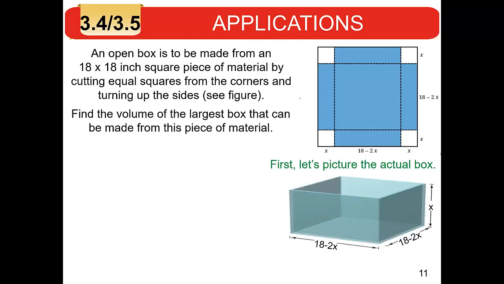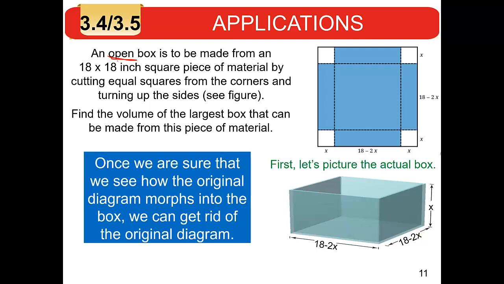The 18 minus 2x dimensions stay on the ground, stay on the table, wherever you're doing the folding, and they become the base of the box. And the x by x squares that you cut out, that x becomes the height of the box. It says it's an open box, so there's no top on it. Well, what's the volume of a box?